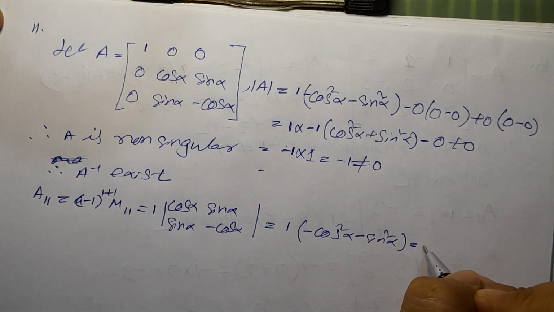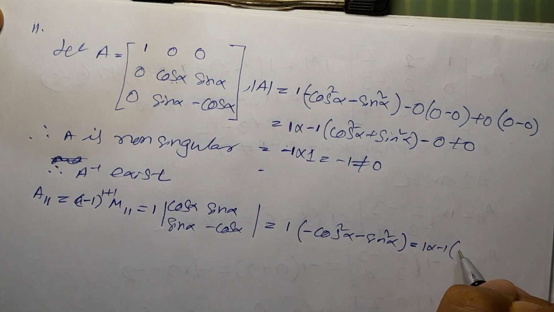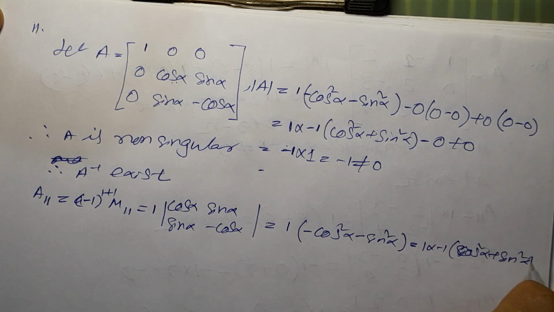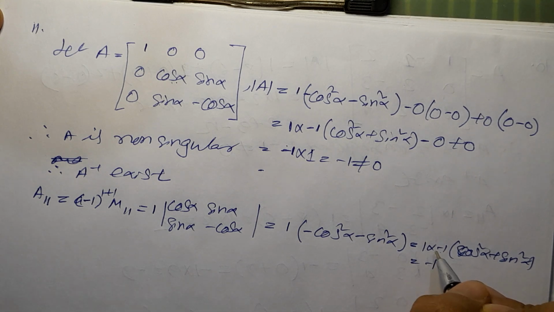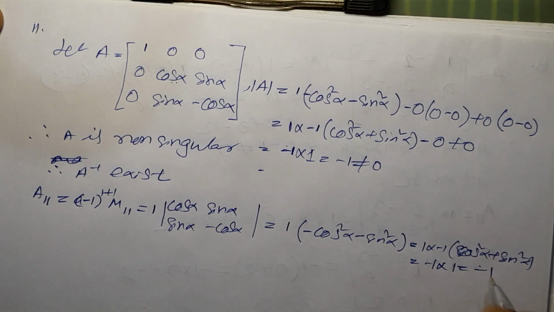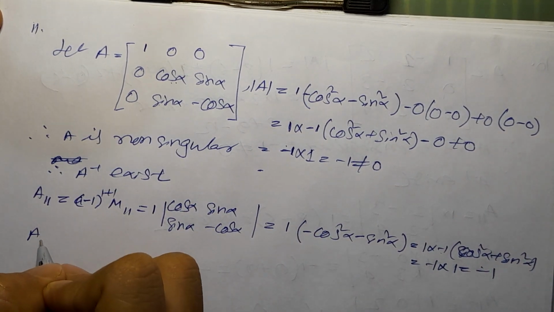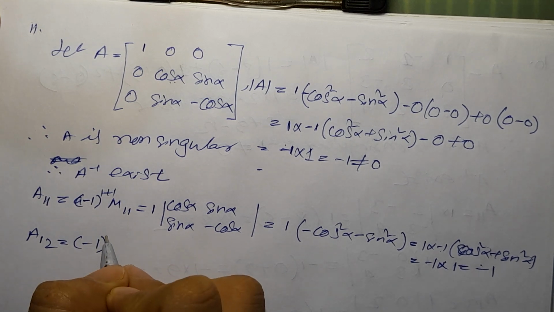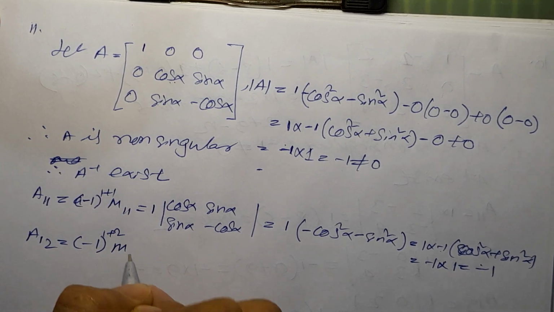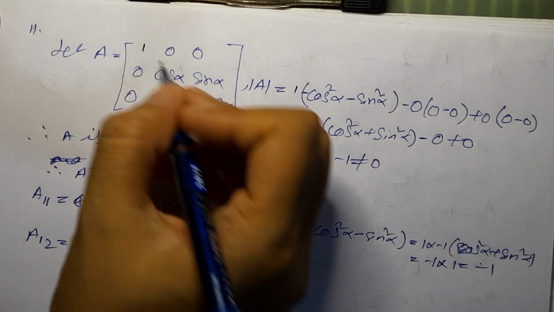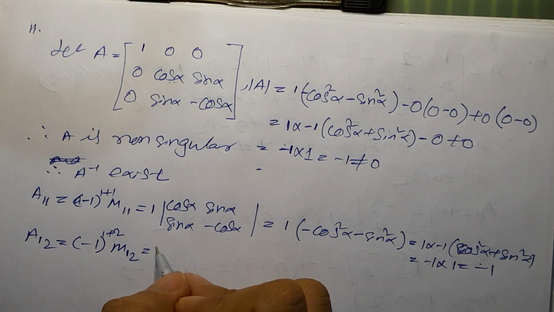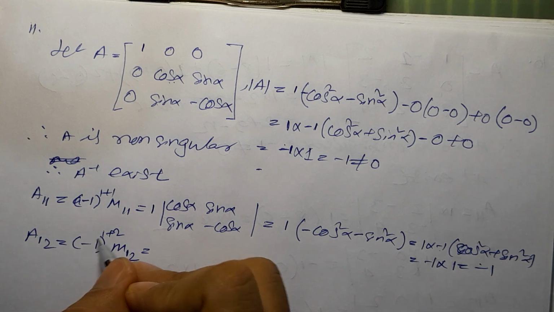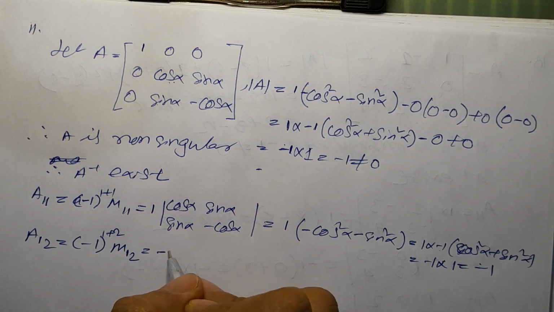Take the minus common. So 1 into minus 1 bracket cos square alpha plus sin square alpha. So this will give minus 1 into 1, since sin square plus cos square is equal to 1. So it will give minus 1. So A12 is minus 1 power 1 plus 2 times M12, minus 1 power 3, so it will give minus 1.